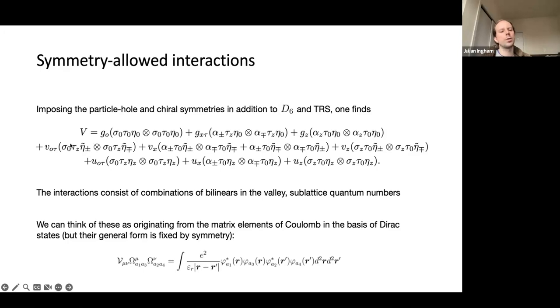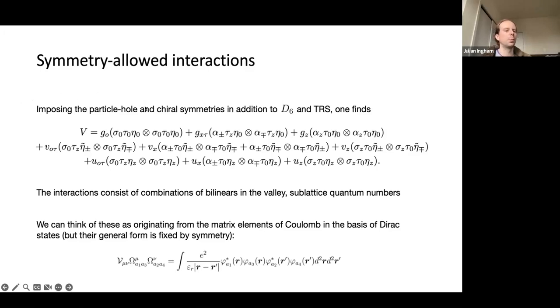we can write our matrix elements in the form of some constant times a product of 2 matrices, and these omegas are tensor products of Pauli matrices in sigma, tau, and eta. And so once we've done this, we can write the matrix elements of Coulomb in this basis as a sum of tensor products of these fermion bilinears, these matrices here.